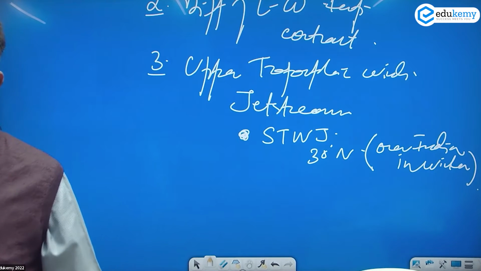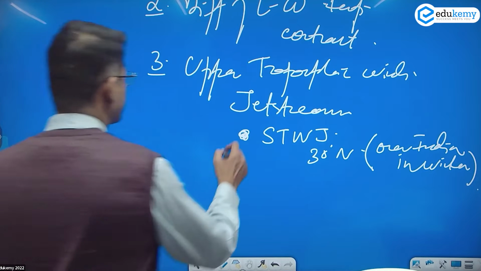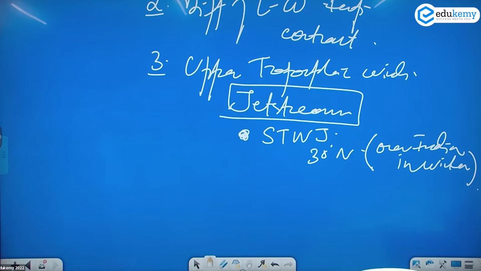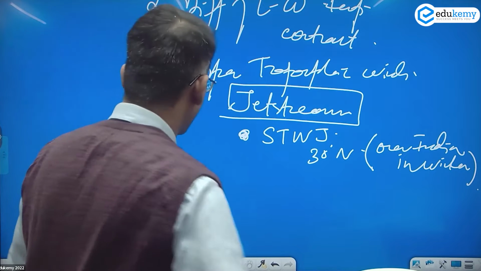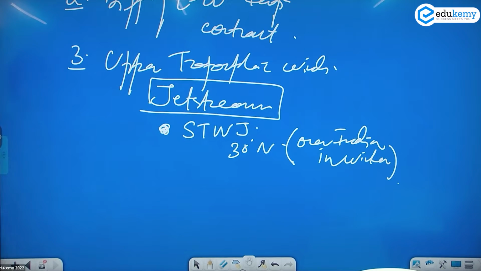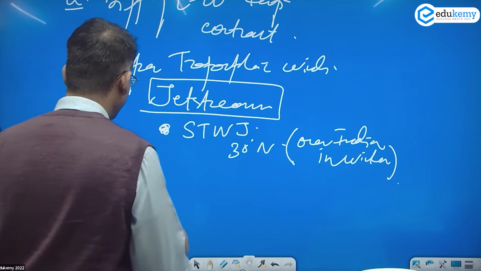In the summers, it goes further northwards. That's one jet stream.